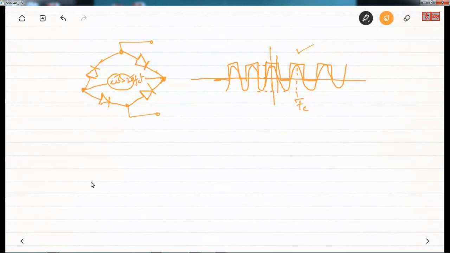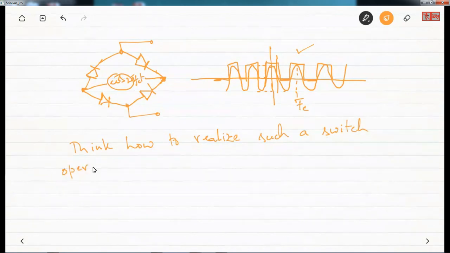Or another way of realizing this is something like this. Okay, let me not discuss that. Think how to realize such a switch operated by cos 2 pi fc t using a digital switch.